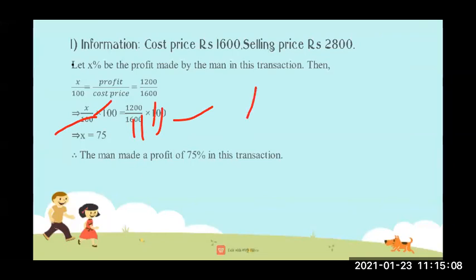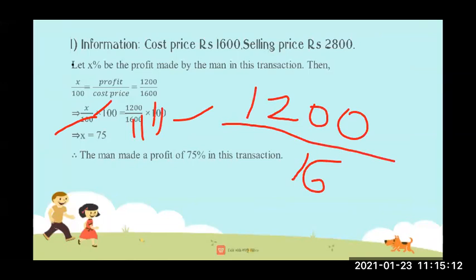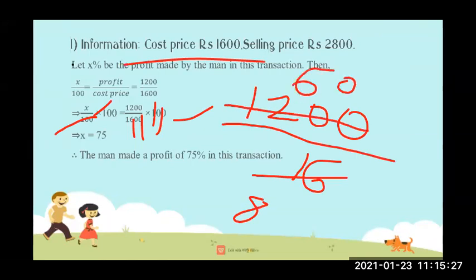So what will remain? 1200 upon 16 will remain. Now this is going by the 2 table. 2 8s are 16. 2 6s are 12, 0, 0.